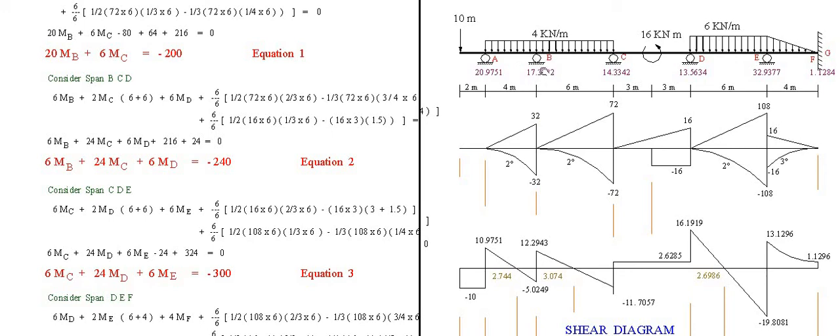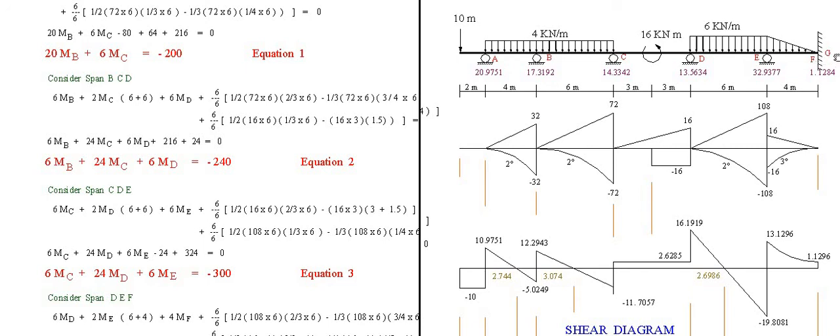Next equation is that we create by considering the span B, C, D. This is the second equation. Third equation is the 2 span C, D, E. Fourth equation is consider D, E, F. And the fifth equation is we consider E, F, G, where G is an imaginary span.